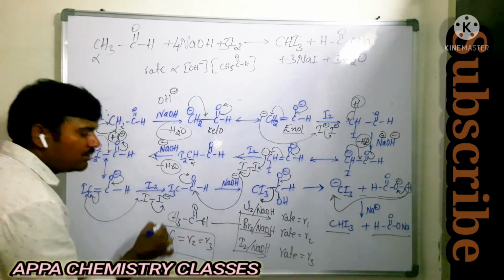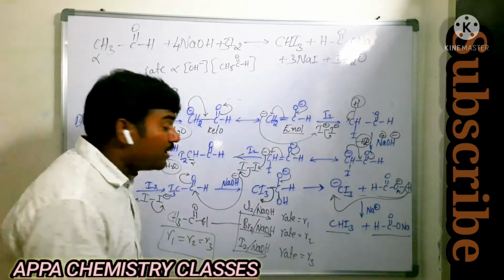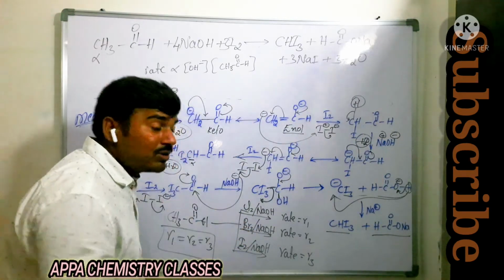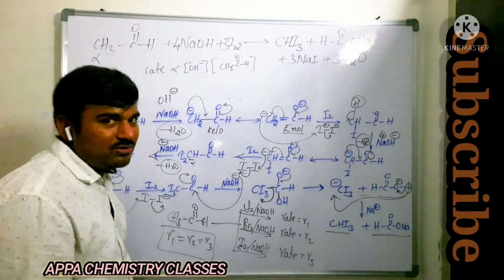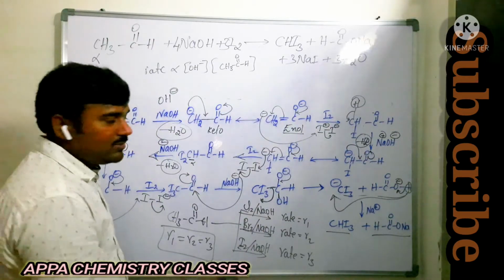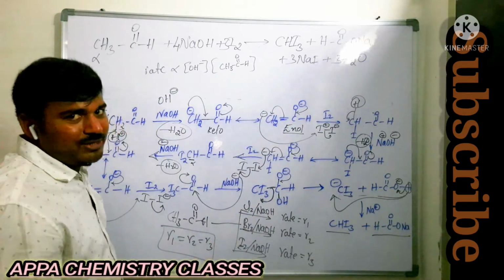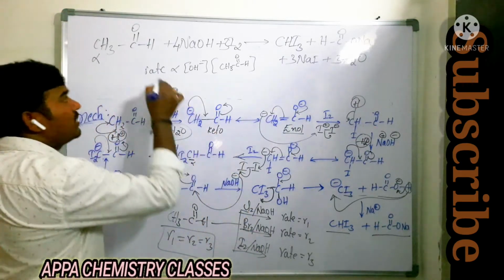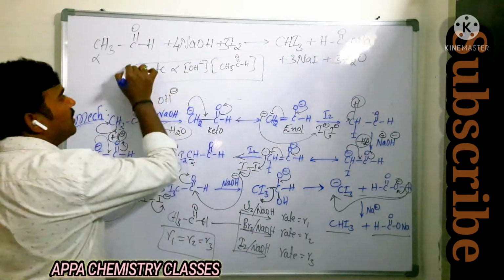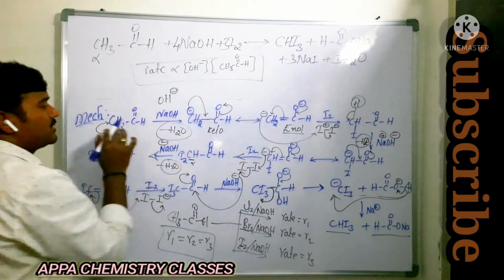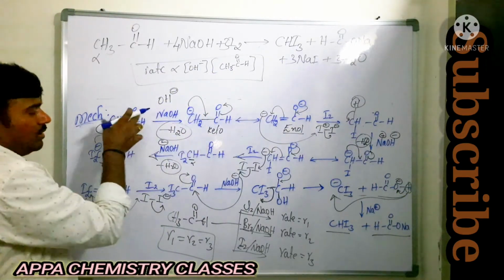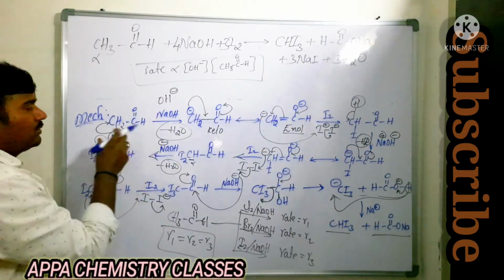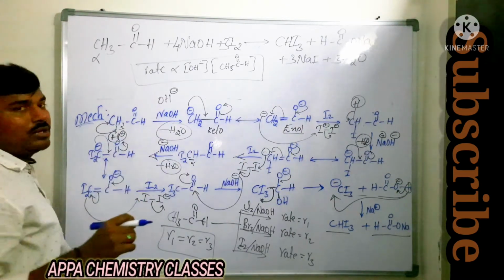What is the reason here? The rate of reaction does not depend on the type of halogen. It depends only on the concentration of base which we are using. Here the base is the same, so the rate of reaction remains the same. By changing the halogen, the rate of reaction does not change, because the rate depends on the concentration of the base as well as the concentration of the aldehyde or carbonyl compound having a methyl group.